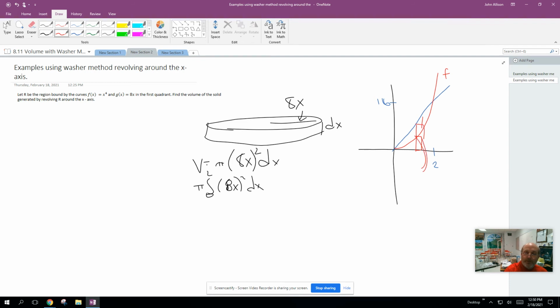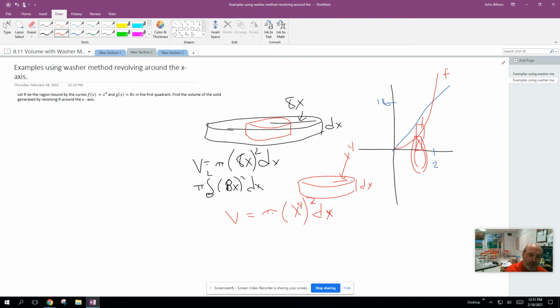Now we're going to rotate this disk around and take out that inner part. I'm going to draw that over here. And the radius of that is going to be my f of x curve, or my x to the fourth. Height still dx. So the volume of one of these is going to equal pi times x to the fourth squared, which is just x to the eighth, times dx.